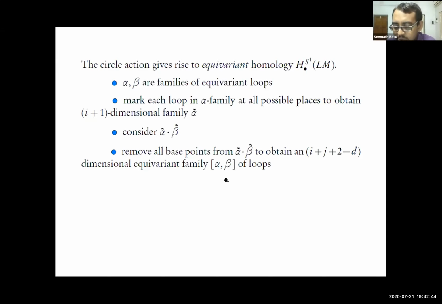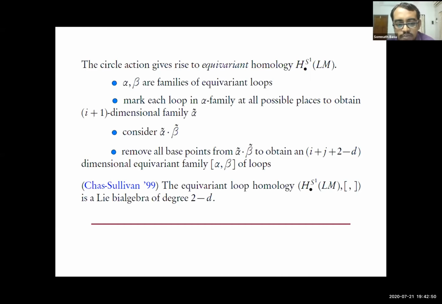Again, as before, this has to be done carefully and precisely to show that this is well defined, but it can be done. And the theorem of Chas and Sullivan says that the equivariant loop homology, whatever this gadget is, is a Lie bialgebra. In case some of you may be confused, this is not the homology of LM quotiented out by the S1 action, because that would be true if the action were free, but the S1 action on the free loop space is not free.